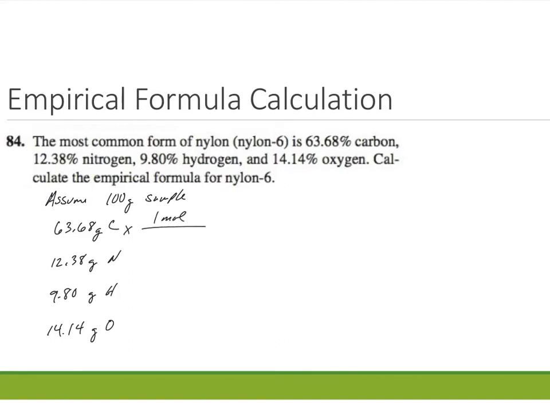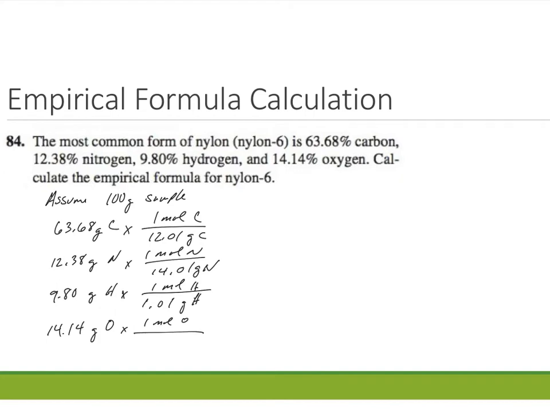So 1 mole of carbon is 12.01 grams of carbon. 1 mole of nitrogen is 14.01 grams of nitrogen. 1 mole of hydrogen is 1.01 grams of hydrogen. And 1 mole of oxygen is 16.0 grams of oxygen.